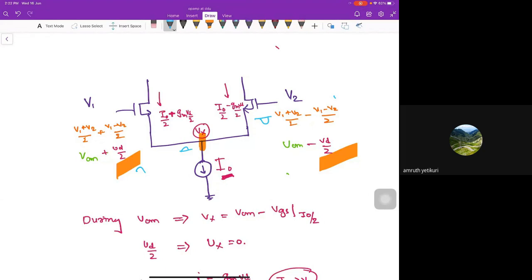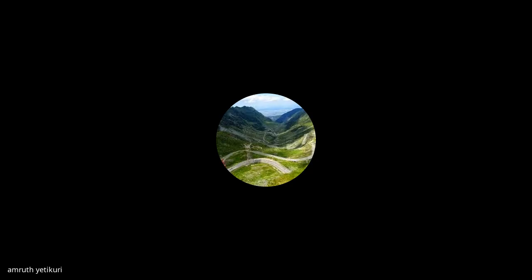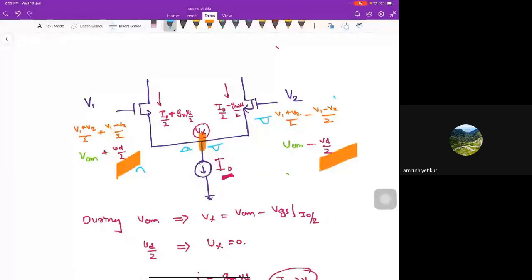Apply the source follower phenomenon: this one is pushing Vx upward, and this one is pushing Vx downward, so Vx will be at a constant value, and we can consider it as an AC ground.